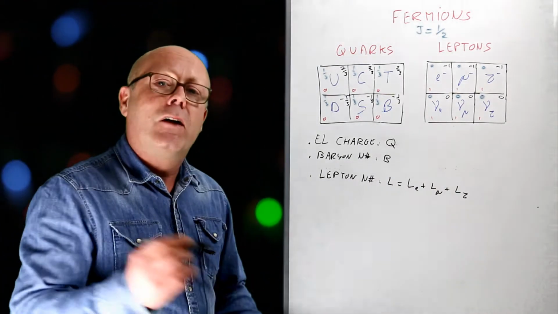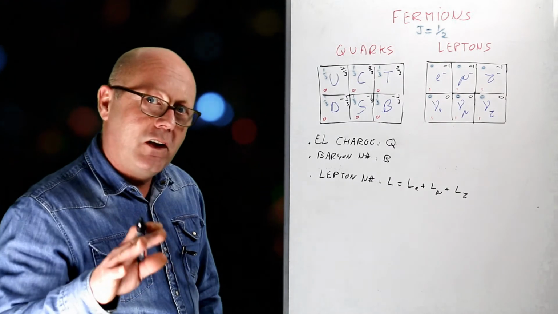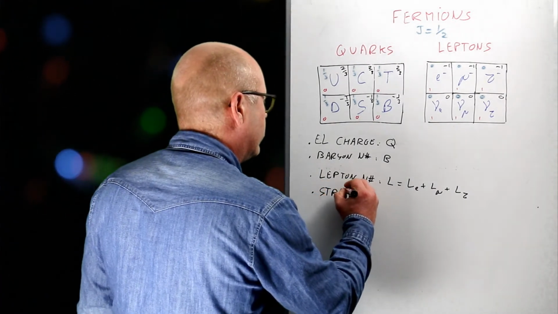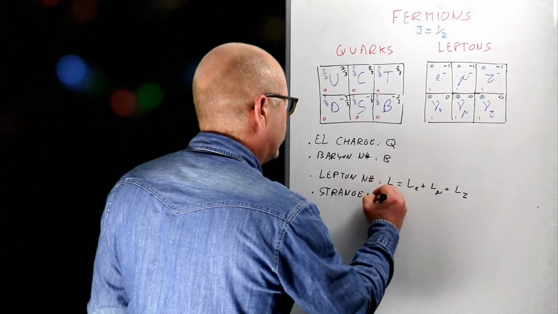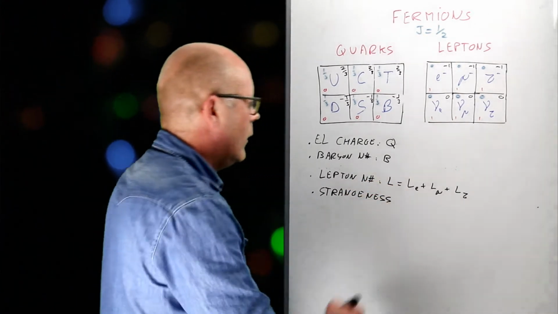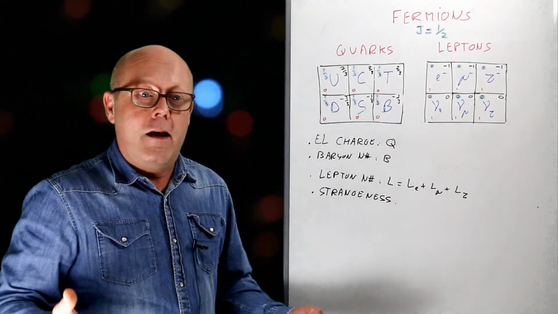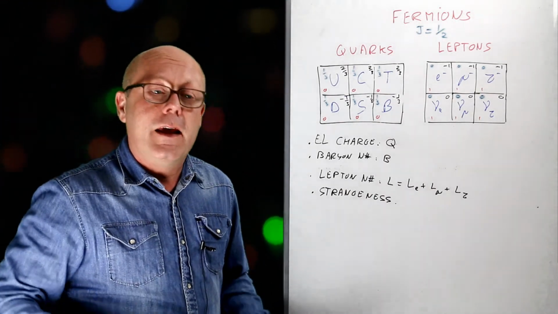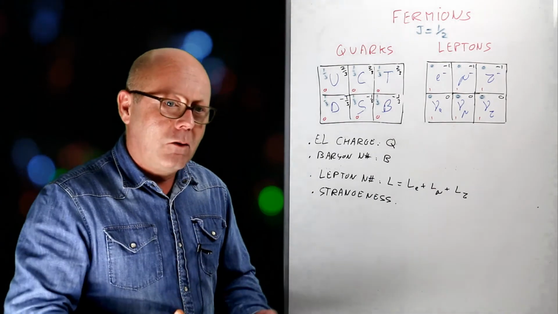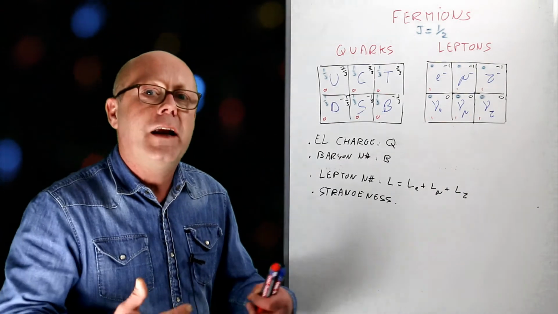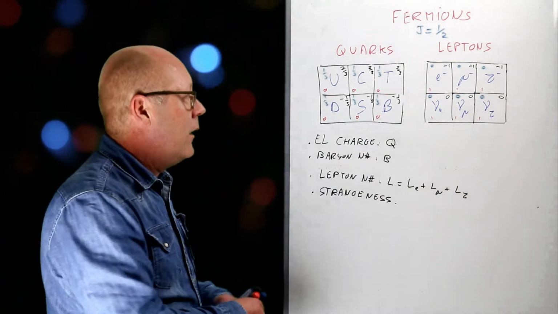Finally, the final number that you need to know for the IB Physics exam is called strangeness. Basically, that just tells you if a particle is strange or not. It tells you if a particle has got the characteristic of a strange quark, or strangeness characteristic.